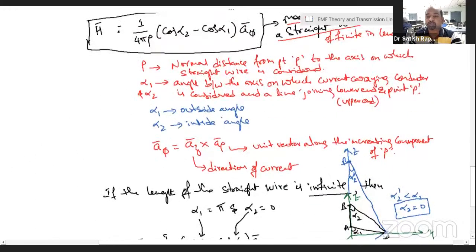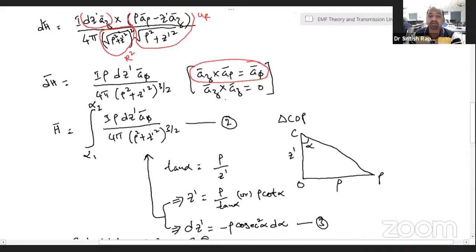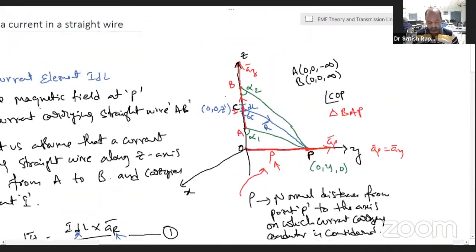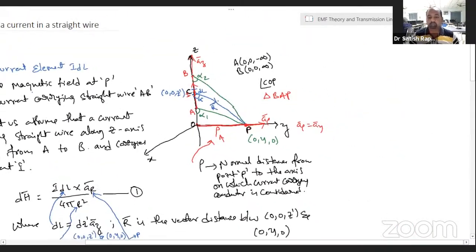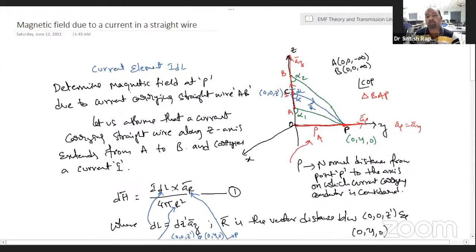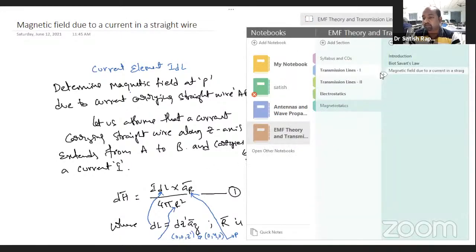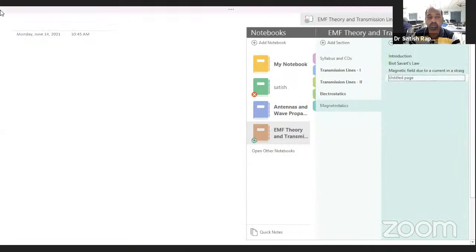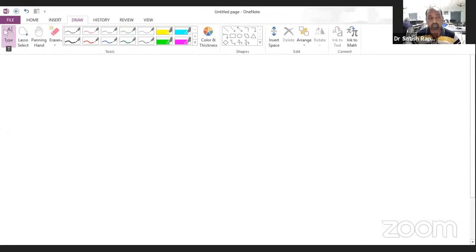So with this, we have completed magnetic field due to a long straight wire, right? And now let us do a related problem here.